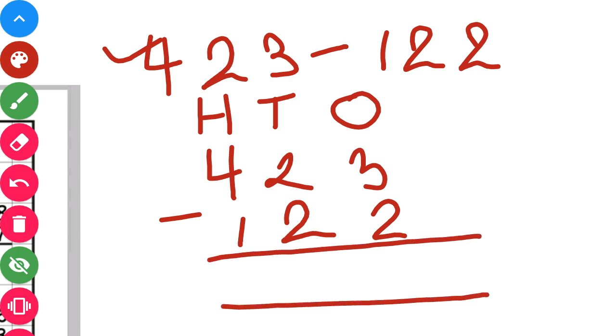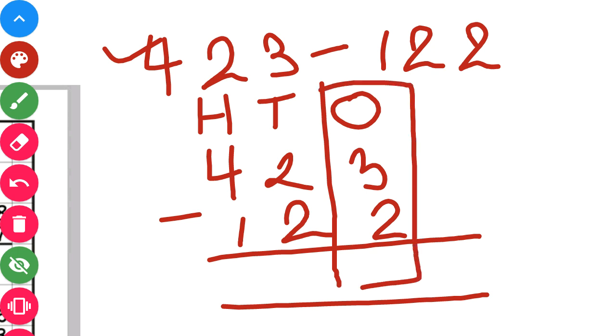As we have just read in the instruction, we will start from the ones place, from the right hand side. We will subtract, we will take away, and then we will write the answer in the given columns.